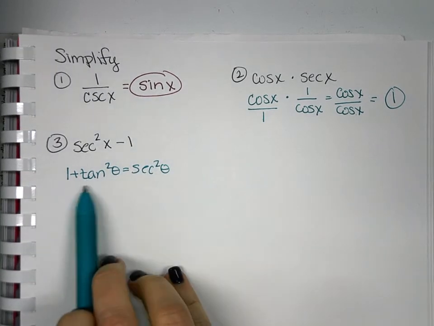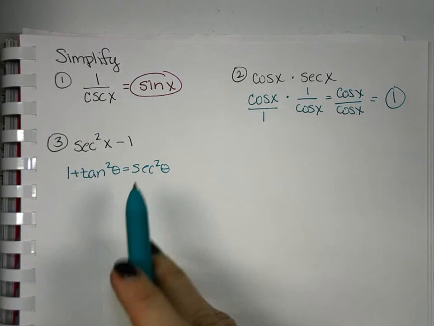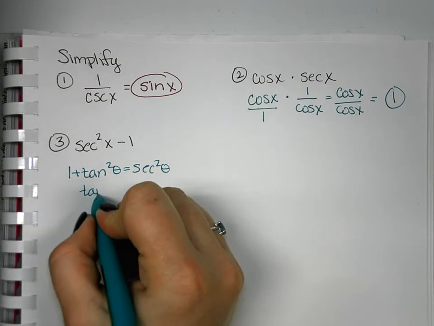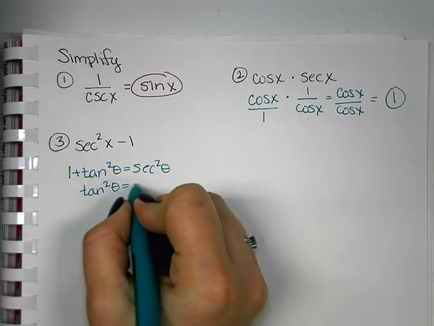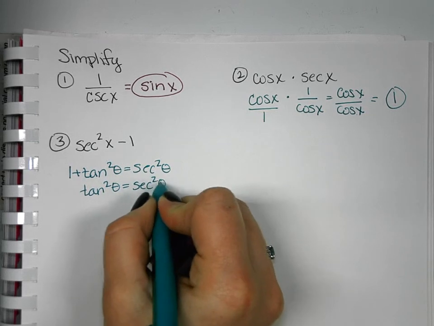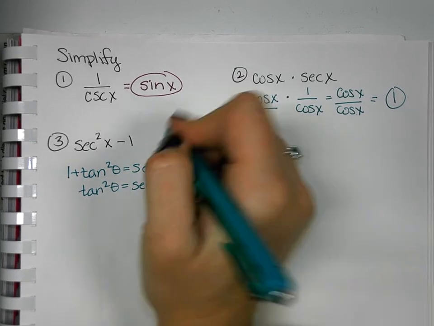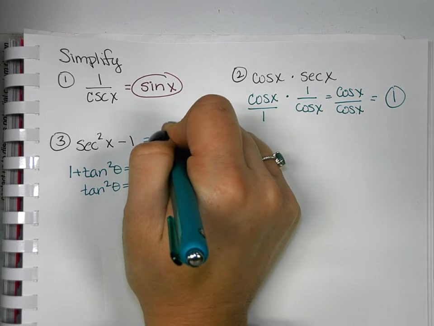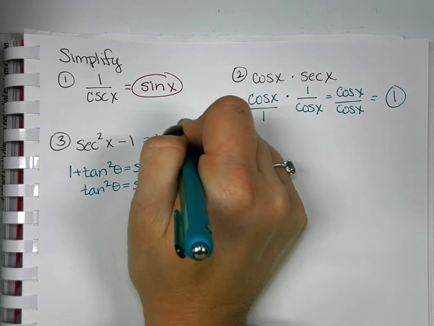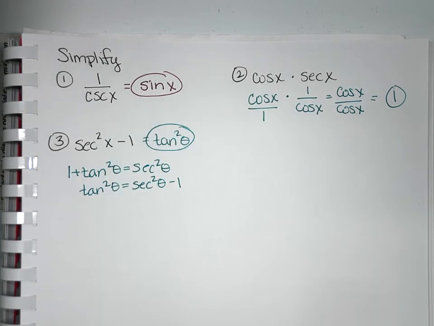If we were to solve for tangent squared, it equals secant squared theta minus 1, which is exactly what we have. So then I can say that this is going to equal tangent squared theta, and that would be your simplified answer.